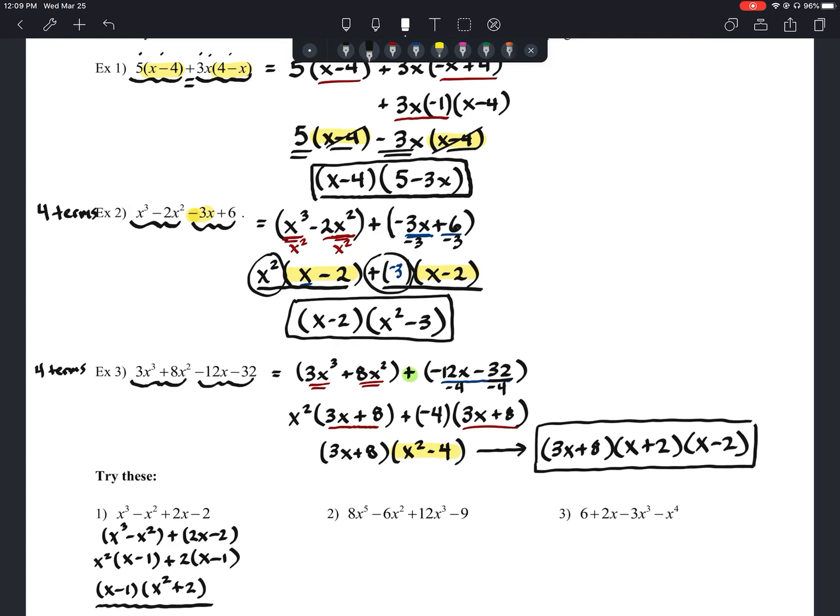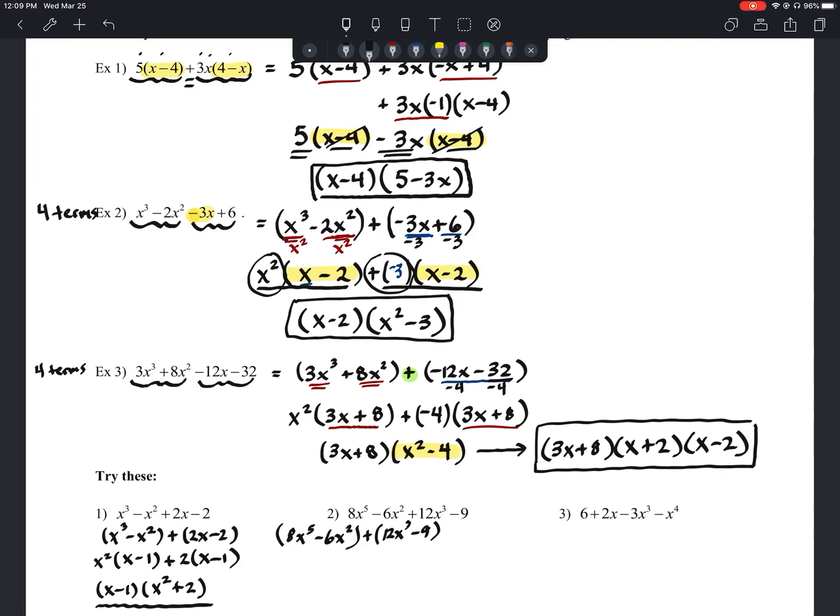Let's just use it in the order it's in right now and group the first 2 together: 8x to the 5th minus 6x squared, plus 12x to the 3rd minus 9.